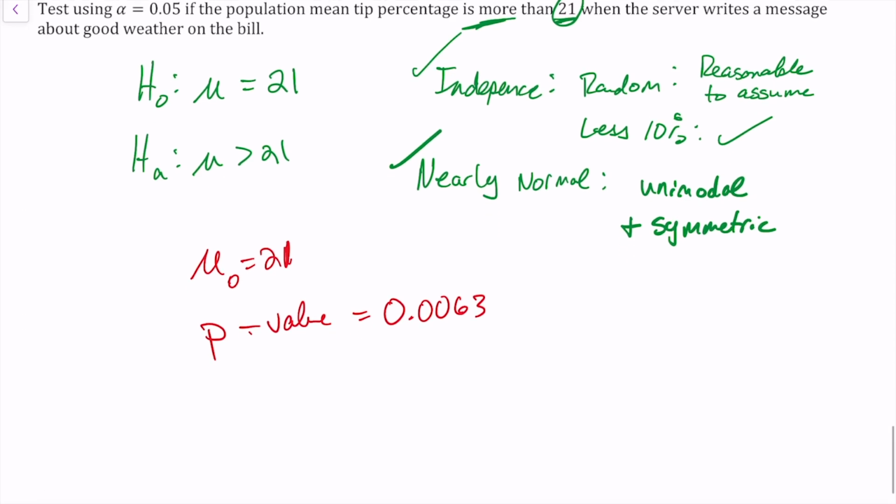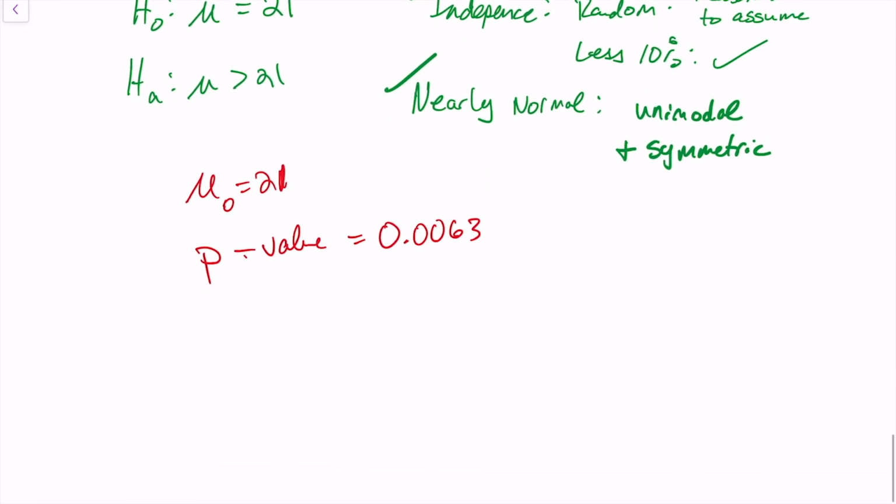So what we're going to do next is compare that p-value to alpha, which is 0.05. Just going to add a couple of zeros here. So the question becomes, how does the p-value compare to alpha? Well, it is less than. 63 is less than 500.